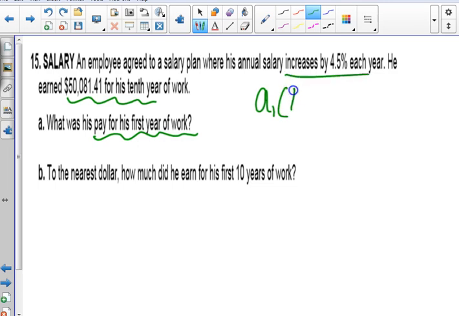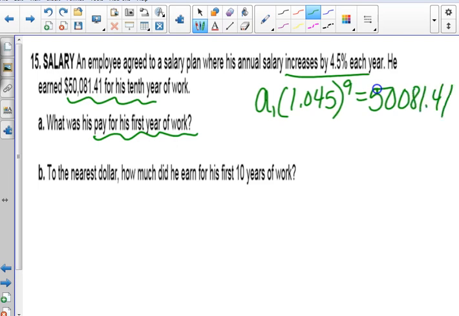Increasing means 1.045 or 1 plus 0.045 to the 9th equals, yes. Yeah, we're going to take 50,081.41 divided by 1.045 to the 9th. Yep. Okay, so his starting salary was about that.